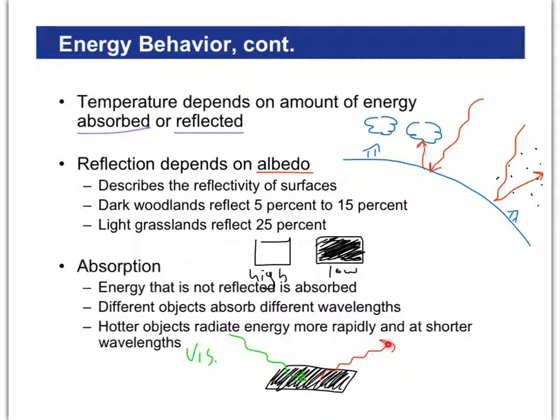So it might absorb visible light, which, by the way, is why things that are black look black, because they absorb white light and don't re-reflect it. But it might re-radiate infrared. Well, what do you experience as infrared radiation?